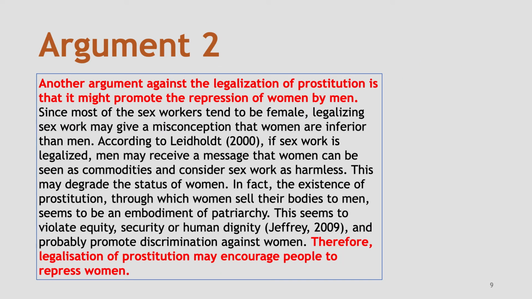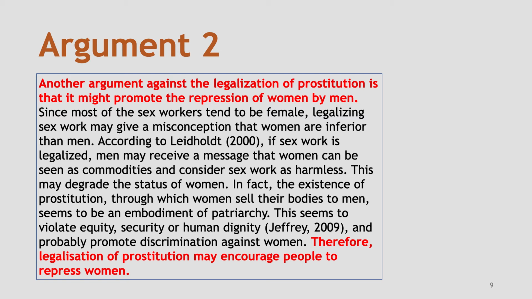So the second argument paragraph would look very similar to the first argument paragraph, with the topic sentence parallel to the writer's second argument: another argument against the legalization of prostitution is that it might promote the repression of women by men. Again, it's a piece of opinion by the writer, and the writer is trying to persuade you to agree with him or her with examples or with ideas from other references.